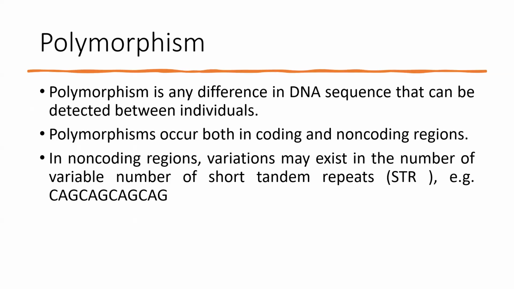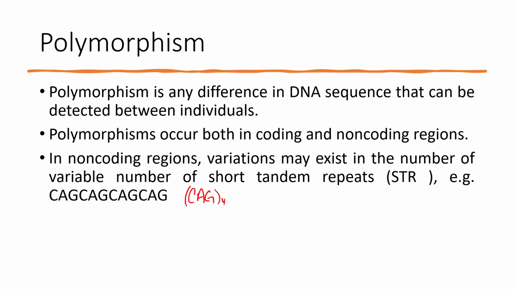For example, we have a CAG, CAG, CAG, CAG. So this is a triplet that's repeated multiple times. And because this one is repeated 4 times, we would write it as CAG 4. Okay?